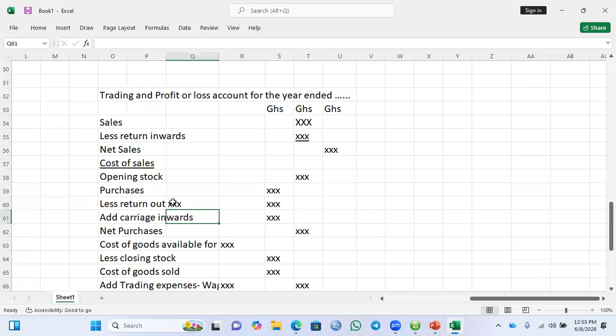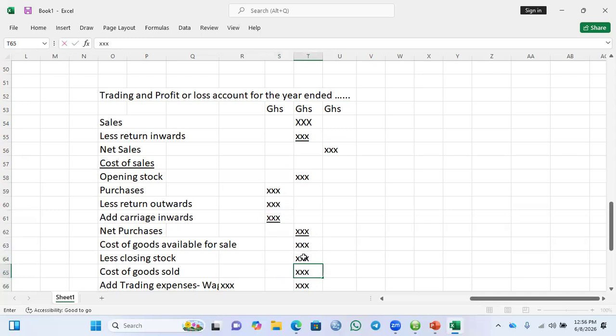Then you get your net purchases, which you then add to the opening stock to get the cost of goods available for sale, right? Then you less the closing stock. You arrive at the cost of goods sold.